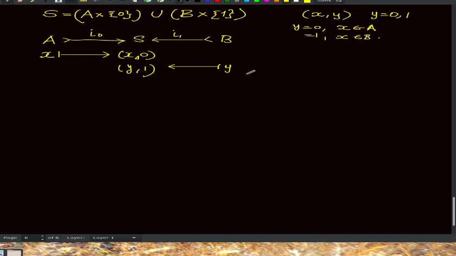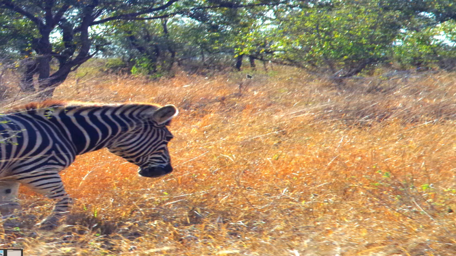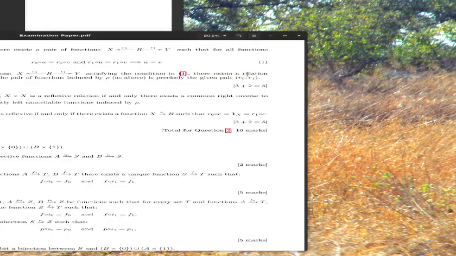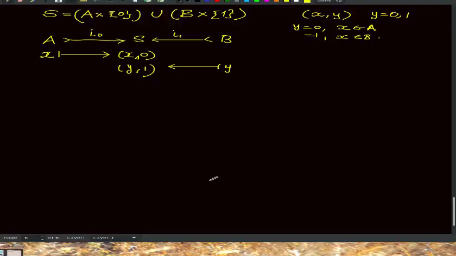Okay, I get it now. And those are the injections. This is exactly the coproduct business that we did before. Given any set, you show that there exists a unique function. Remember this we did while we were doing coproducts.